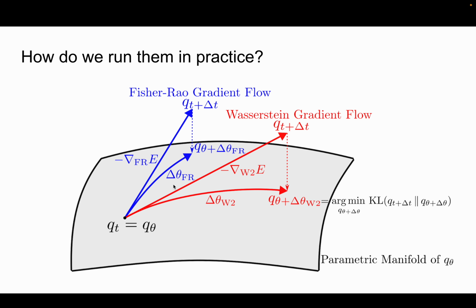Then we can predict the next density at time t plus delta t using, let's say, Euler scheme. And we can project this density back to the parametric manifold, having some other now parametric density q of theta plus delta theta. And of course, for different gradient flows, we have different dynamics on the parametric manifold.